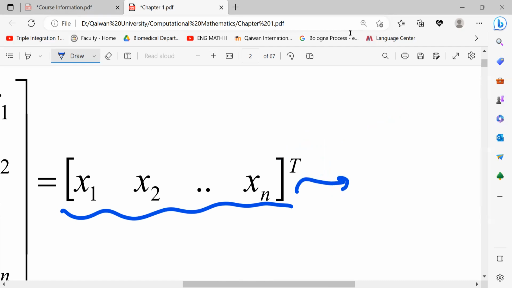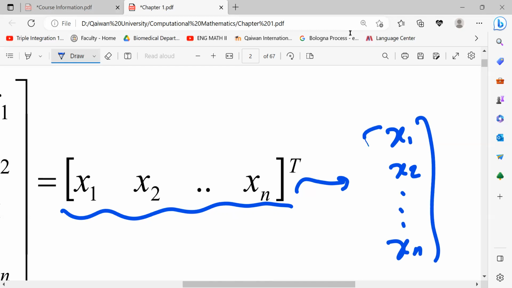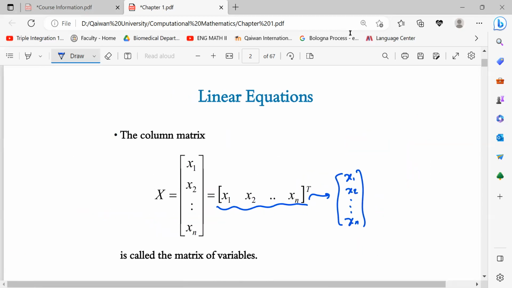The role of this T is to change the array from a row vector to a column vector, and change this to x1, x2, up to xn. As you see, it changed the vector to this form. It's transpose: it changes the row to column, or column to row.